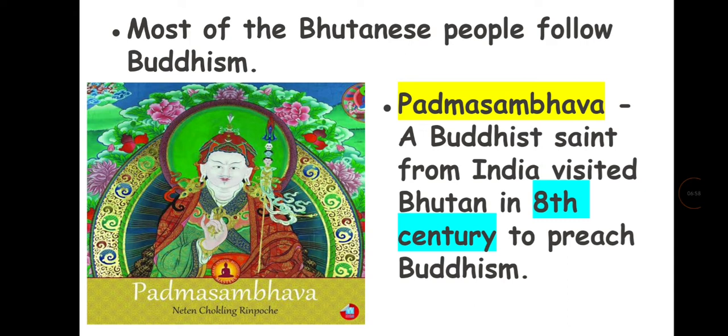In this way, India and Bhutan are connected because Buddhism is also related to India and most of the Bhutanese people follow Buddhism. And a Buddhist saint from India, Padmasambhava, visited Bhutan in the 8th century to preach Buddhism. And people practice Buddhism in parts of Arunachal Pradesh, Sikkim and Ladakh in India.